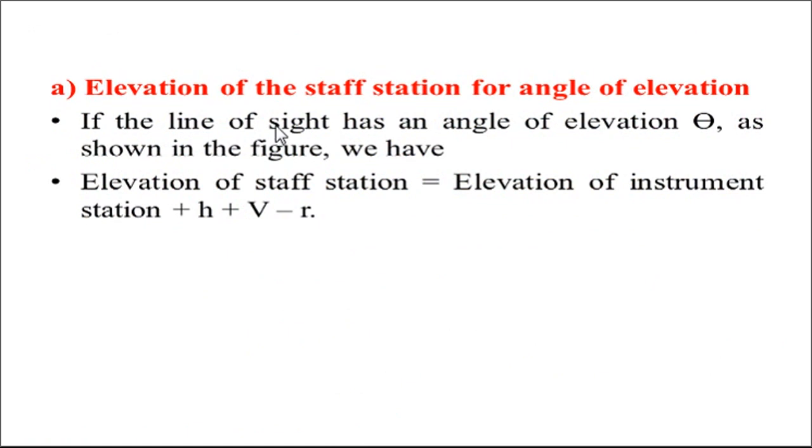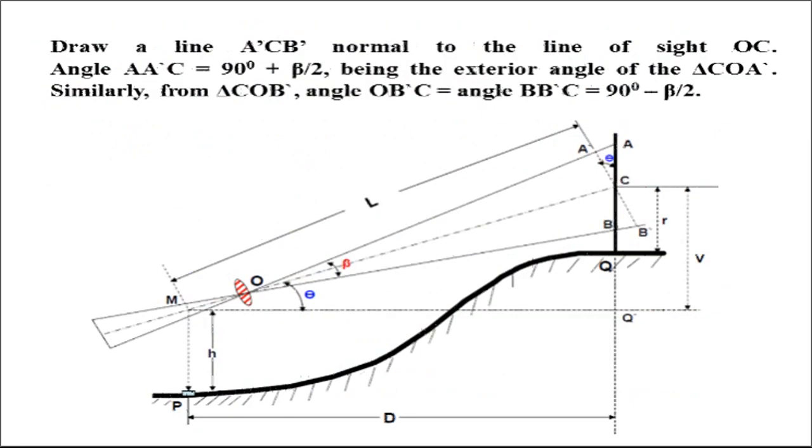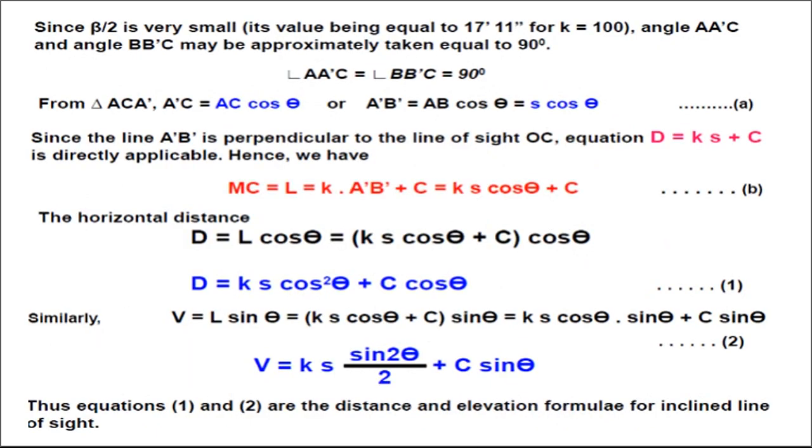Second, the elevation formula for the angle of elevation of the staff station. When we want to find the elevation of the staff station, which means the elevation of this Q, then by knowing the elevation of the instrument station we can find the elevation of Q by this formula.